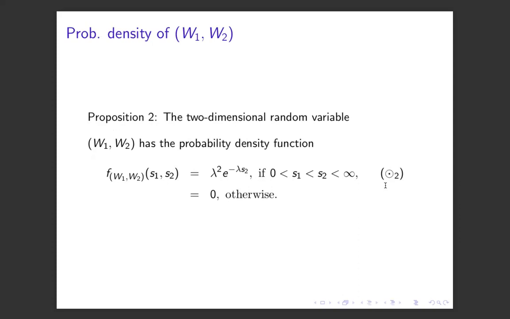So this result says the two-dimensional random variable (W1, W2) has the probability density function given by: the density at a point (s1, s2) is lambda squared times e to the power minus lambda s2, if 0 is less than s1, less than s2, less than infinity.